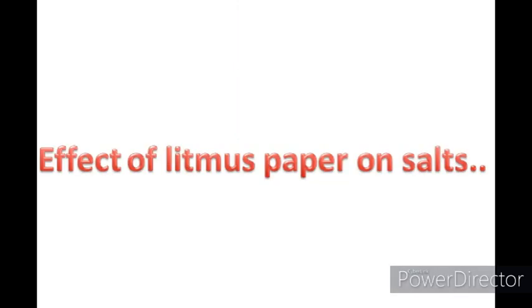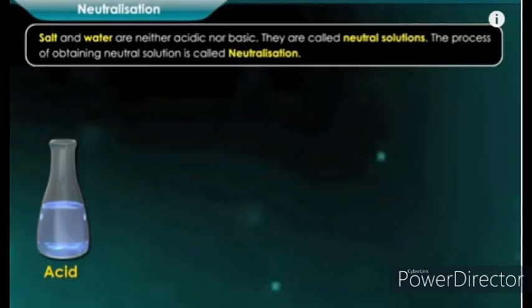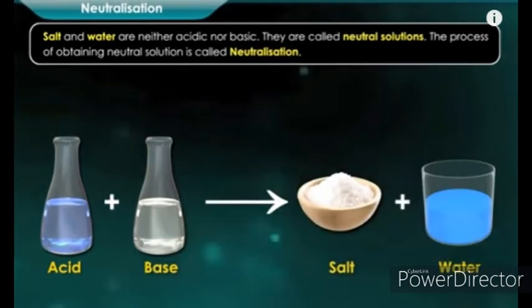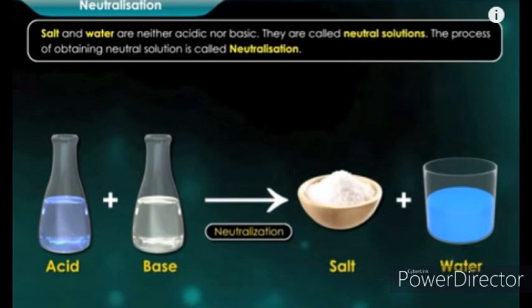Now we will check the effect of litmus paper on salts. As we know, salts are formed when acids react with base to form salt and water. This reaction is known as neutralization reaction. So now let's see with the help of an experiment what happens when litmus paper is put into salt solution.